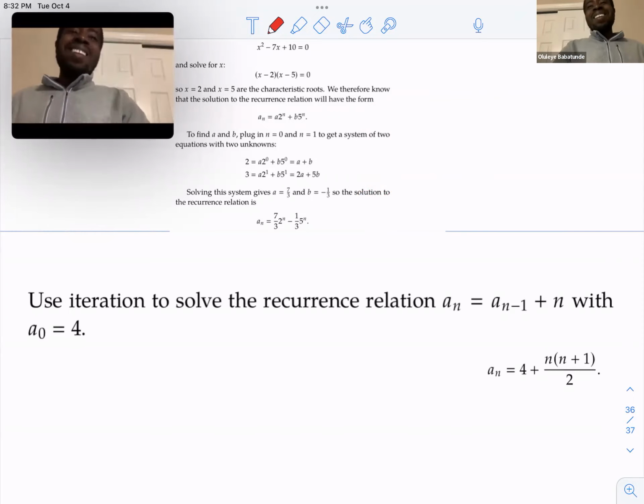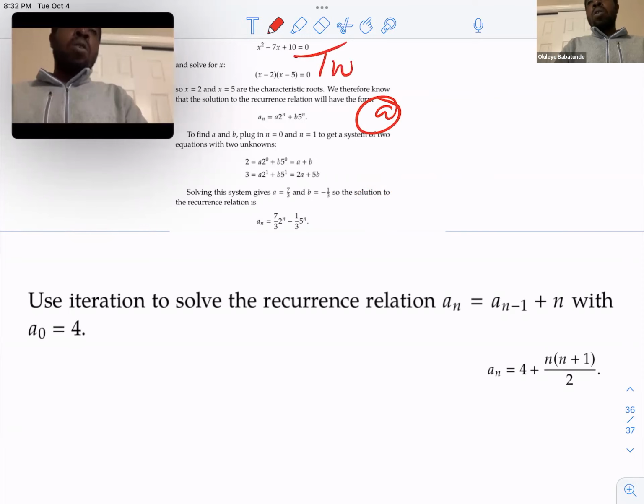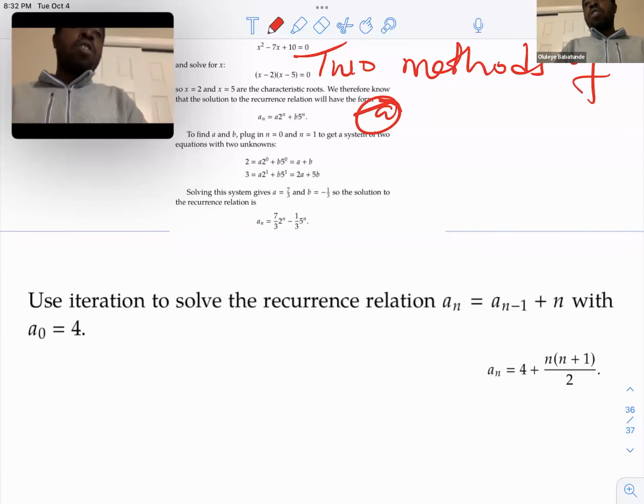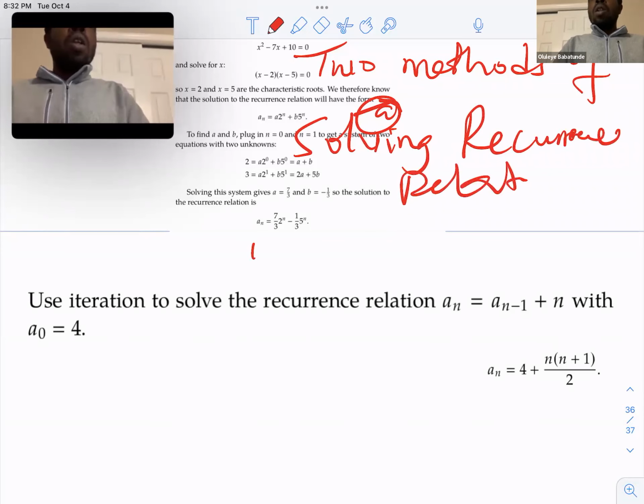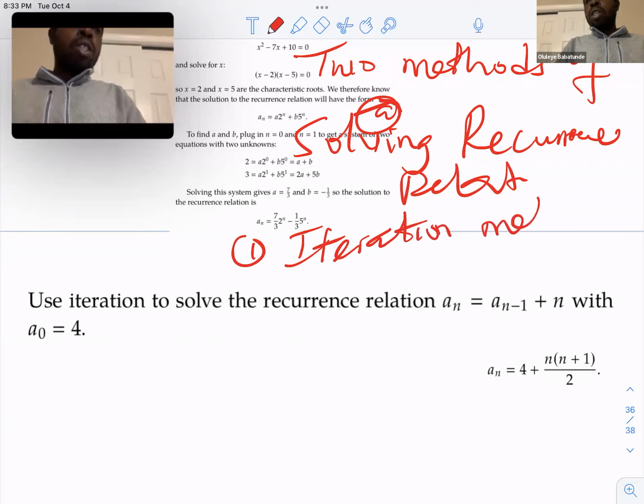We normally use, most popularly, two methods of solving recurrence relation. Number one, you have the iteration method.